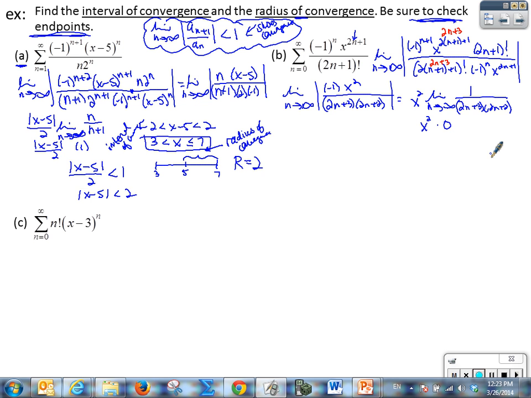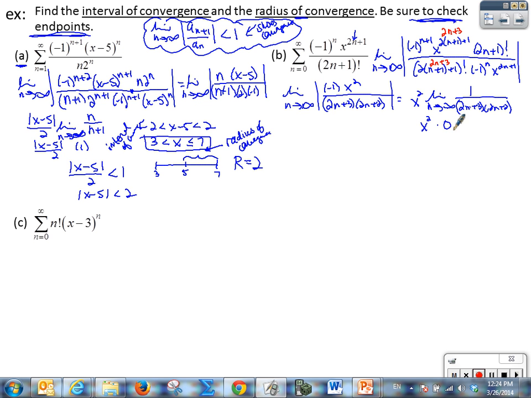All right, and let's look back at our criteria. What do we need to converge? Less than 1. Okay. Does it matter what x is going to be? It doesn't, does it? Because 0 times a million is still 0. So for what numbers does this converge? All real numbers, everything. Okay?